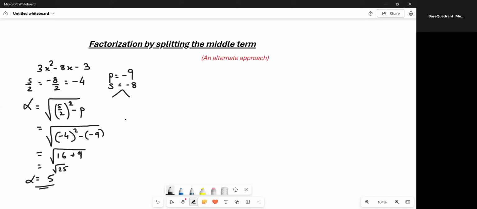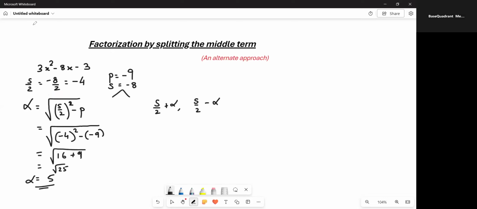Now, what is the significance of alpha? We will find two things now here. S upon 2 plus alpha and S upon 2 minus alpha. What is S upon 2? It is minus 4.